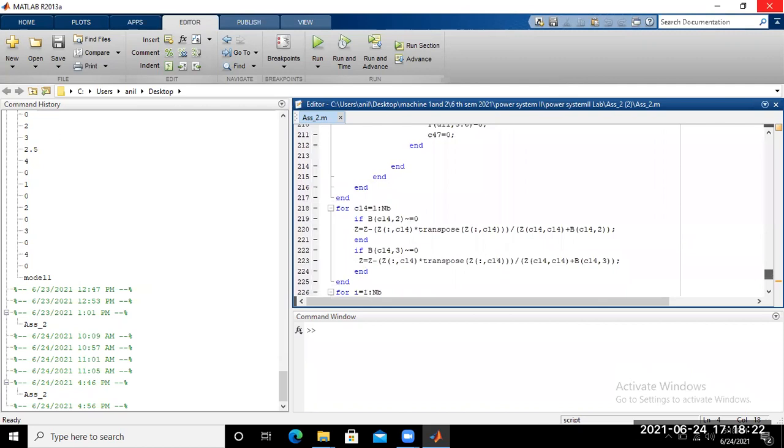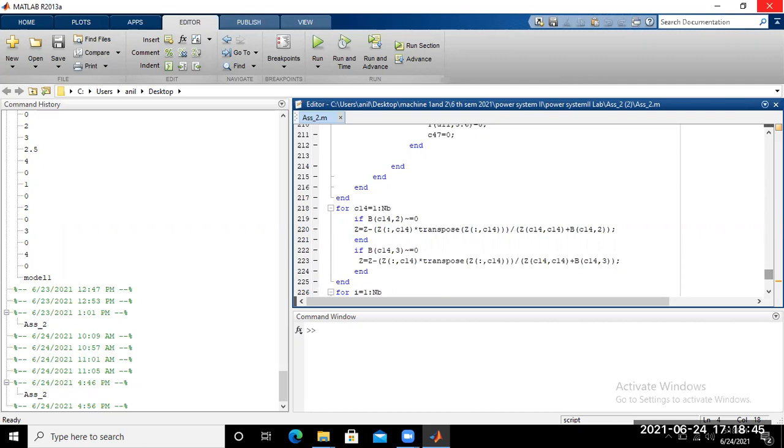Next is your c14 equal to 1, that means number of buses. If bc14 comma 2 equal to 0, so z minus zc14 into transpose zc14 divided by zc14 comma c14 plus b c14 comma 2.